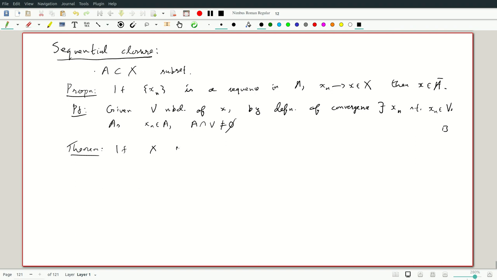If X is first countable, then we have a point x in A bar if and only if there exists Xn, a sequence in A, such that Xn converges to x.